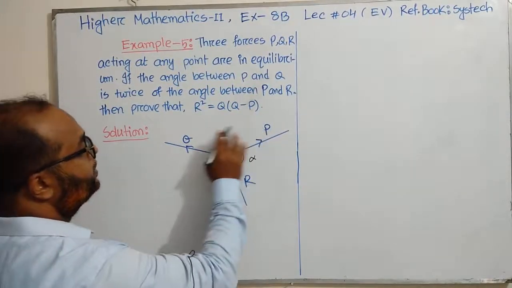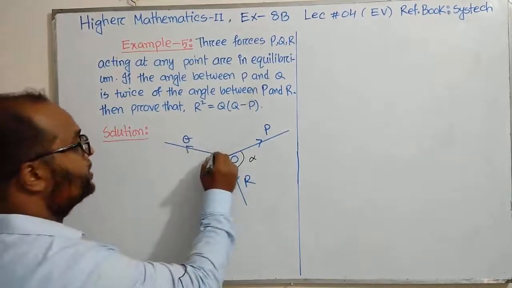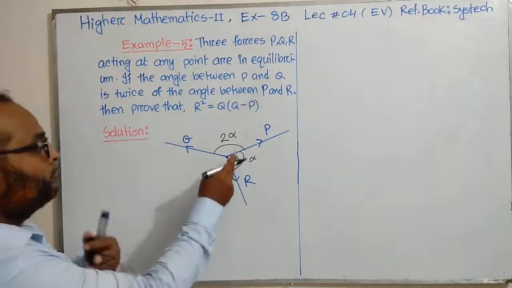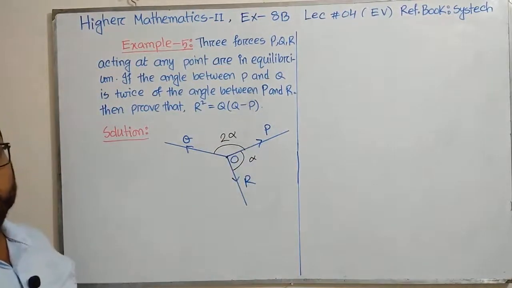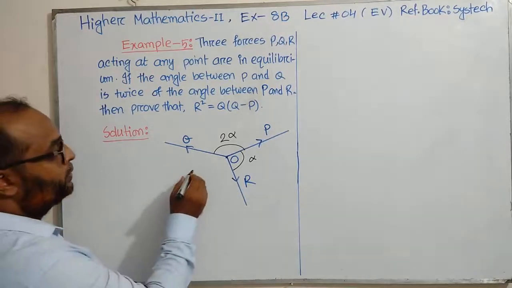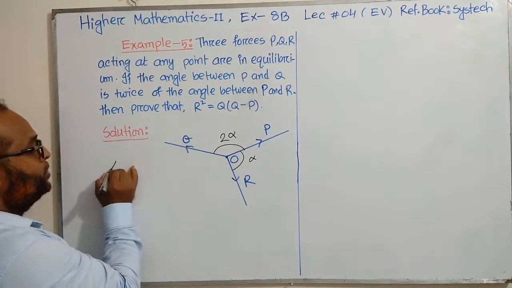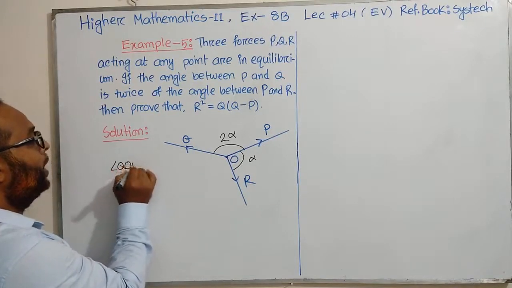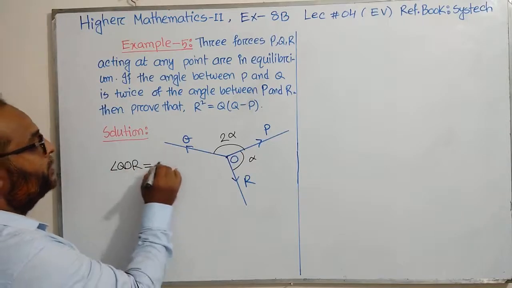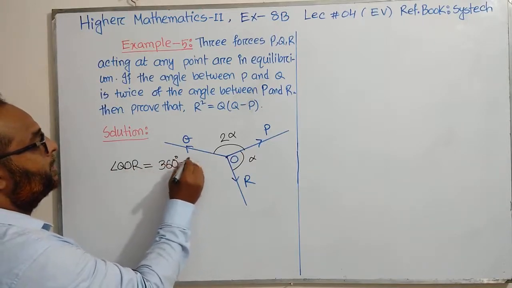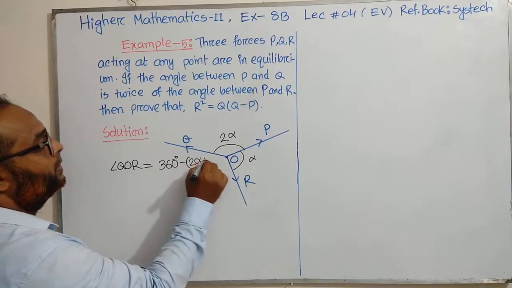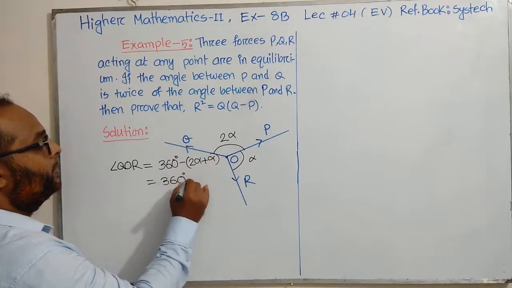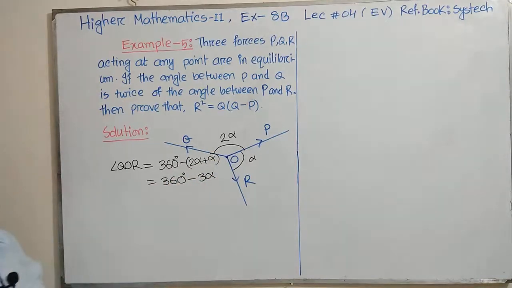So the angle between P and Q, according to this question, will be twice alpha. And you know, if we complete this circle, it is 360 degrees. So here we can write the angle between Q and R, this is QOR, equals 360 minus 2 alpha plus alpha, which equals 360 degrees minus 3 alpha.